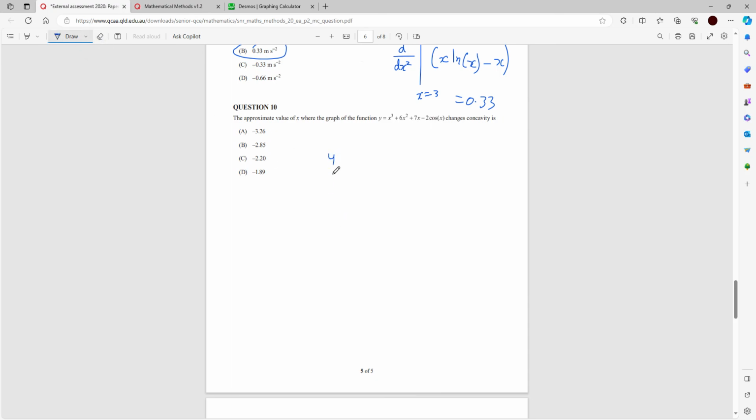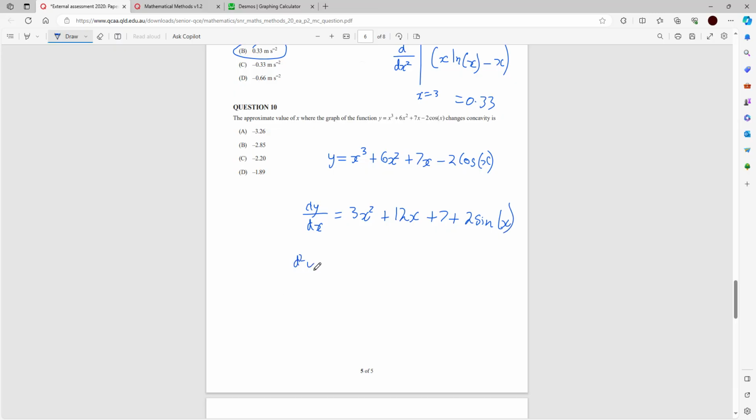So, we have y equals x cubed plus 6x squared plus 7x minus 2 cos of x. So if we were to differentiate this, we have dy dx gives me 3x squared plus 12x plus 7, and this is going to be plus 2 sine x, okay, because minus cos turns into sine when you differentiate it.